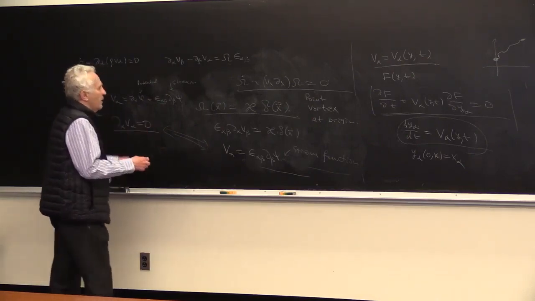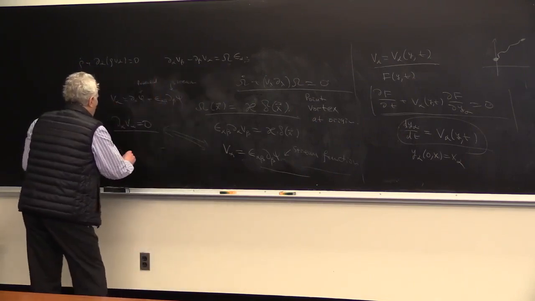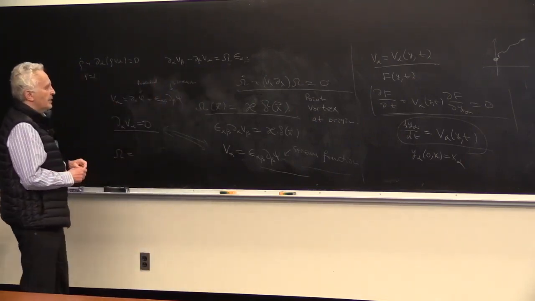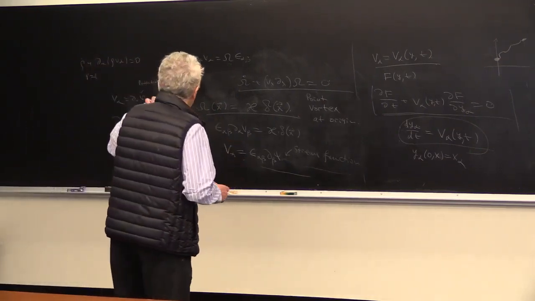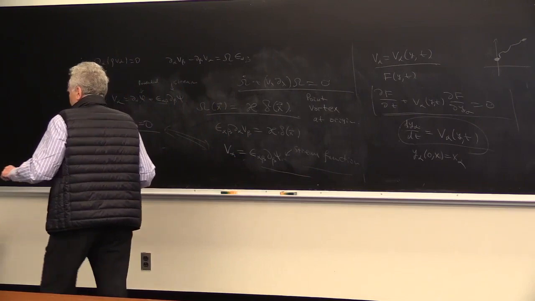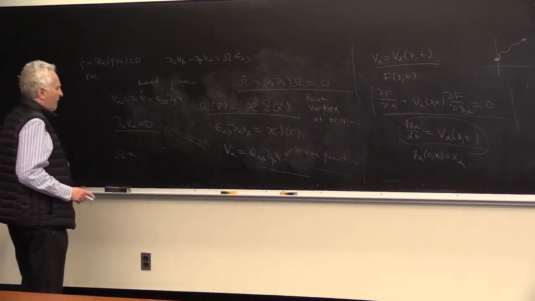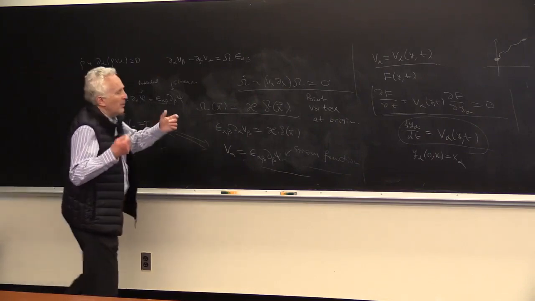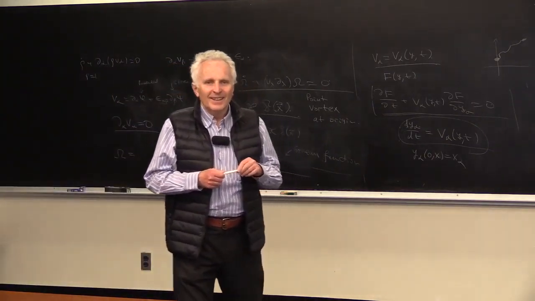Maybe I shall write down this relation: how omega is related to the stream function. Let's relate omega to the stream function. It's the curl of the stream function. Well, how do you take the curl of a scalar?